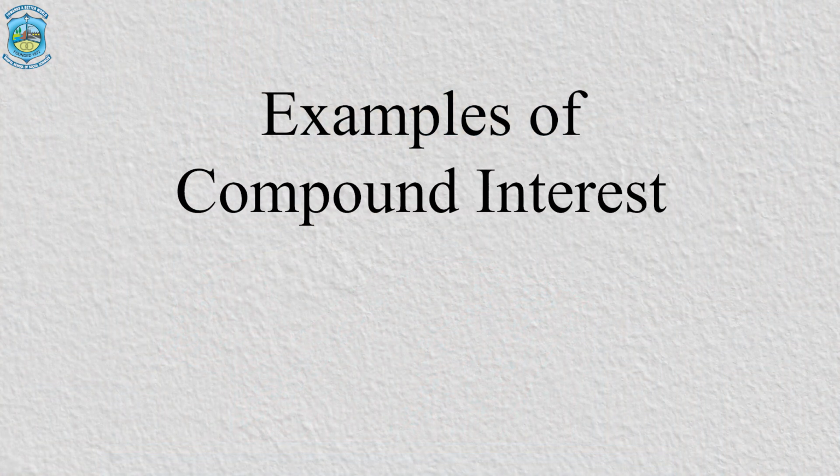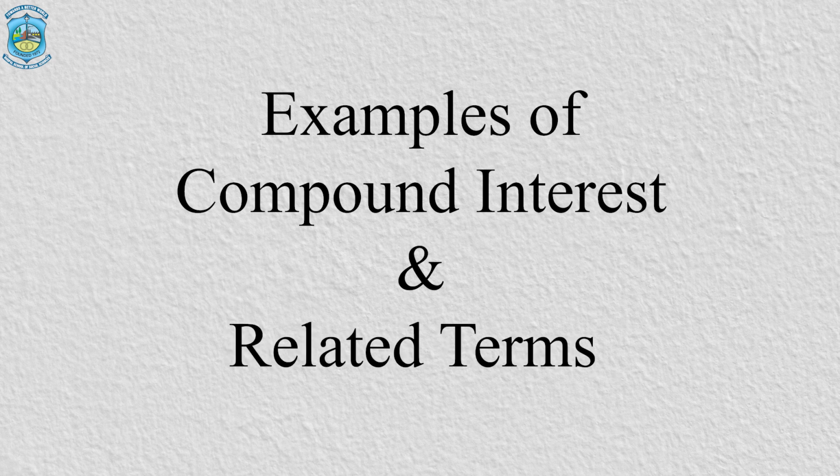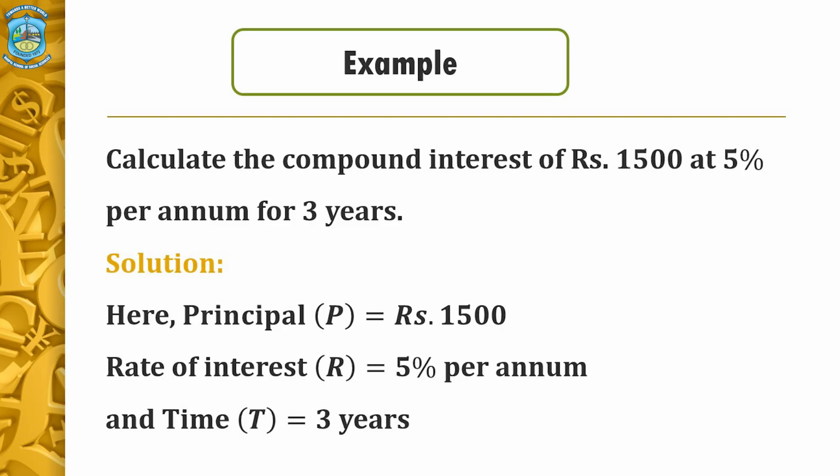Next, we will see some examples for calculating compound interest and related terms. In this example, we have to calculate the compound interest of rupees 1500 at the rate of 5% per annum for 3 years.